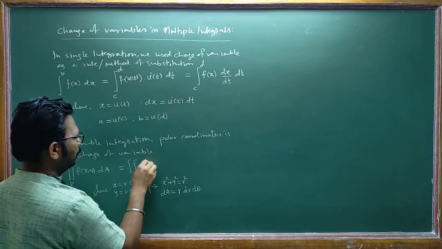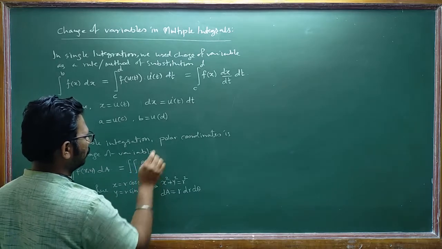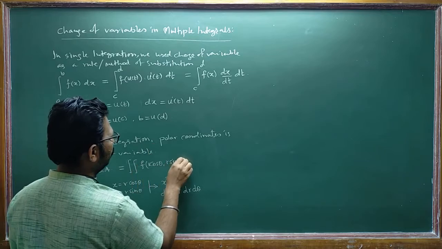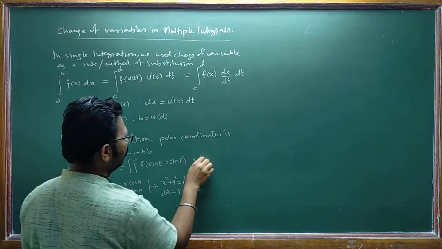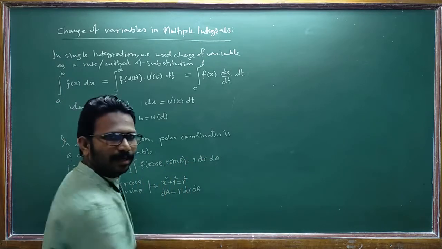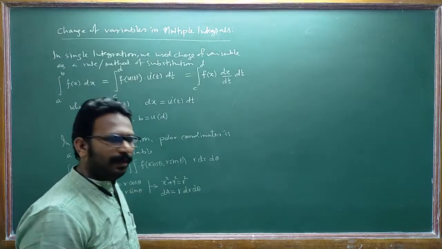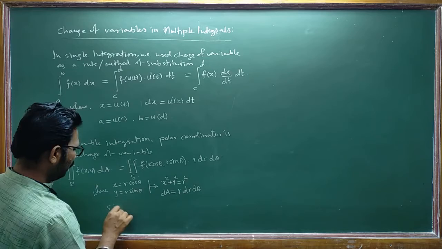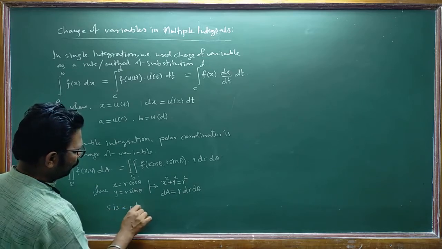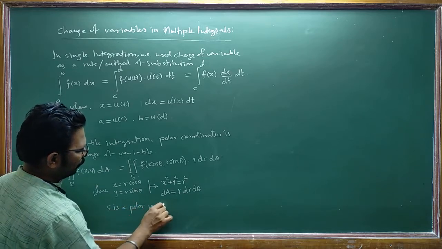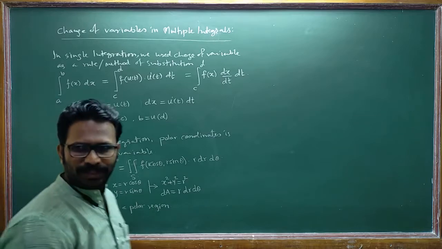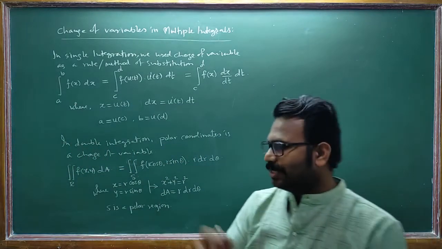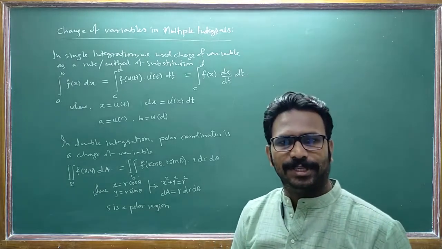the integral f of r cos theta, comma r sin theta, dA, which is r dr d theta. Okay. And what is this region? S, where S is a polar region, which is the same region R expressed in terms of a polar region.